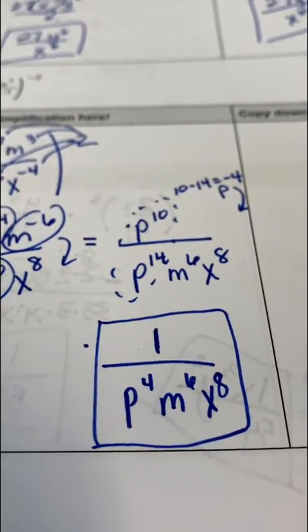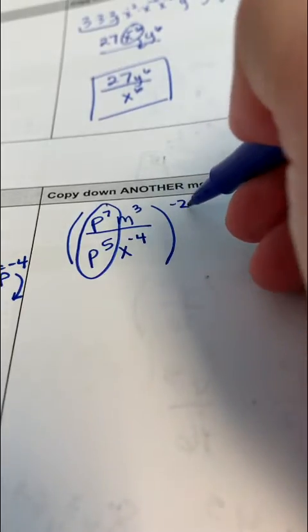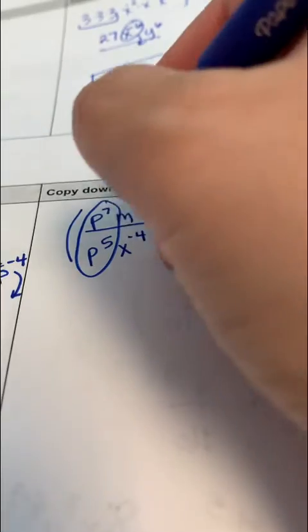Now, a different way definitely is to deal with the P's right away. It's okay to simplify these right away before you do the exponent. So if you do 7 minus 5, means you have P to the 2 on top. You can move the X to the -4 if you want.